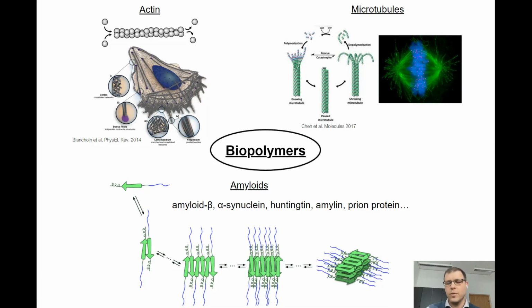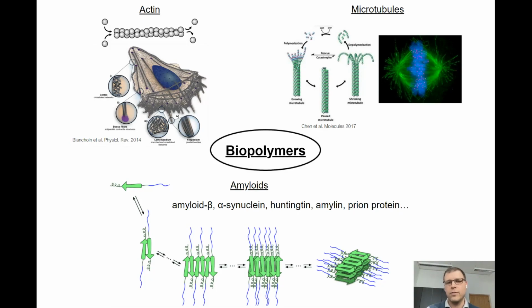And then there's another group of common biopolymers, which are called amyloids. They are actually not one type of protein, but many different ones. Amyloids are rather a structural state of proteins, where proteins form polymeric beta sheets, and then over time form three-dimensional structures, which are called fibrils.